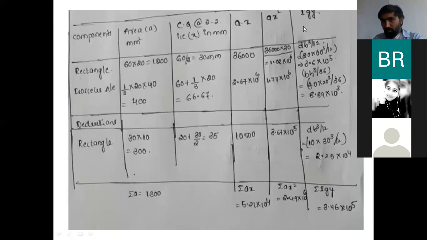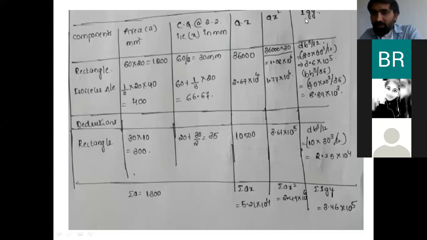And again we have one more tabulation. These two additional tabulations are for the moment of inertia when compared with the CG. That will be I into Gy. What is this I into Gy? This I into Gy is the moment of inertia of any body with reference to its own centroidal axis.